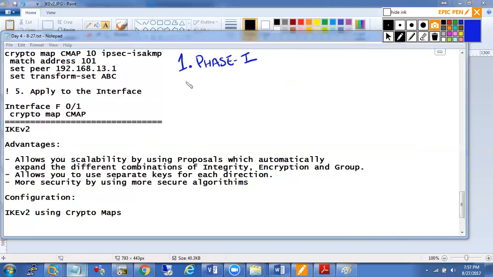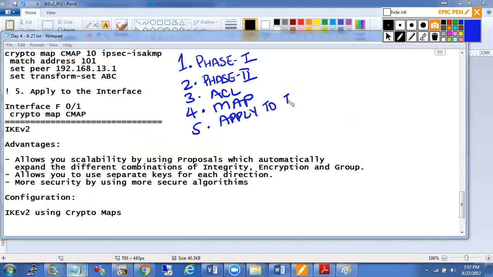Phase 1. Phase 2. ACL. Crypto map. And apply to interface.